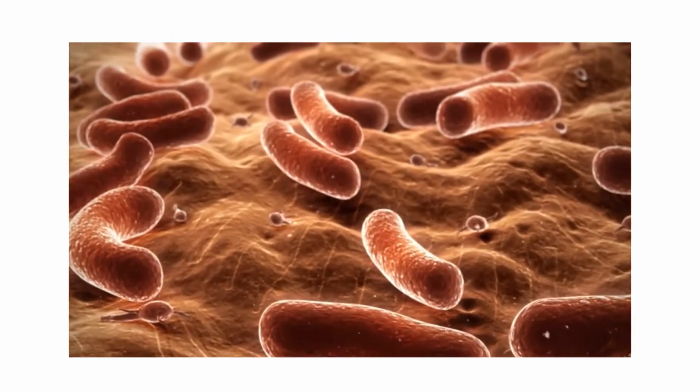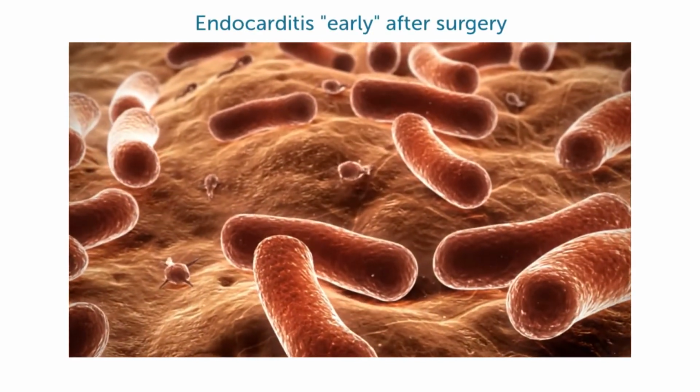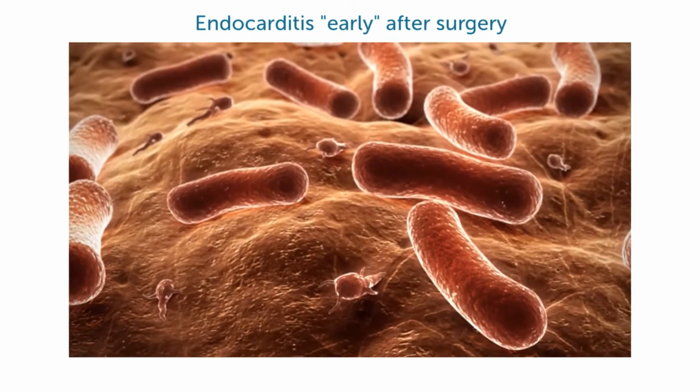One is that there is a direct contamination with bacteria during surgery, and patients can, of course, get their valves infected, especially in the region where the valve is not endothelialized, exactly the suture lines or maybe even the ring of the prosthesis. In addition, patients with prosthetic valves have higher flow velocities and they can cause endothelial damage and therefore also predispose to endocarditis. And endocarditis can have devastating effects.